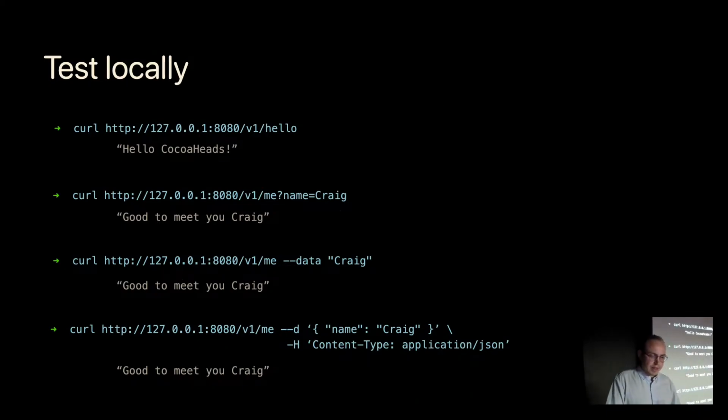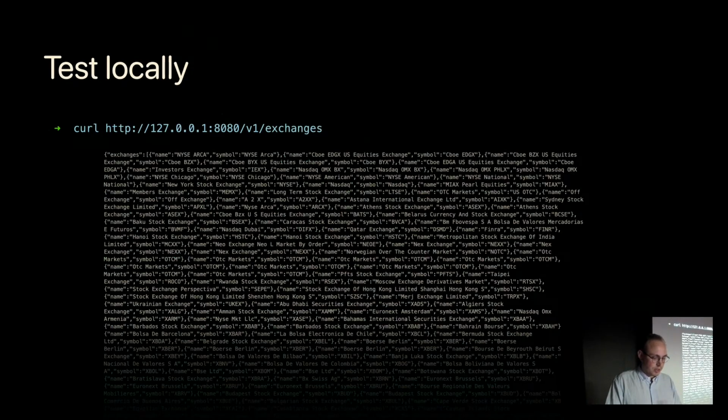Now, in my case, I'm going to return a little bit more data than just that, but it works the same. It just returns JSON, and you can get as much as you need. And that's it. We've got a functioning server. We're done with the server part.